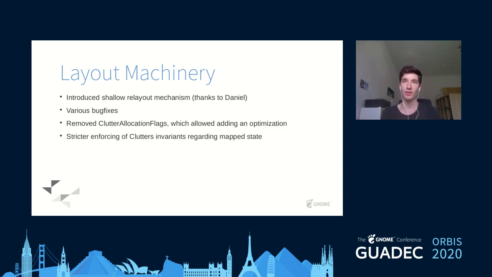So Clutter can now make the assumption that this actor has to be allocated by using static positioning, and Clutter can take a shortcut, can basically allocate the actor directly instead of starting at the stage and instead of going down the whole hierarchy. This has been quite an improvement for performance, because it has made allocating actors like windows significantly faster, because we no longer have to start at the stage with allocating.